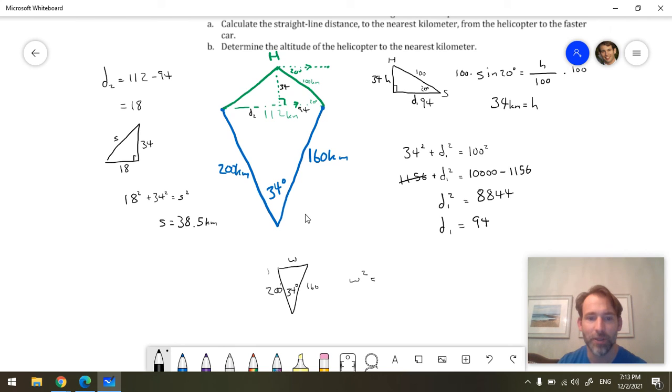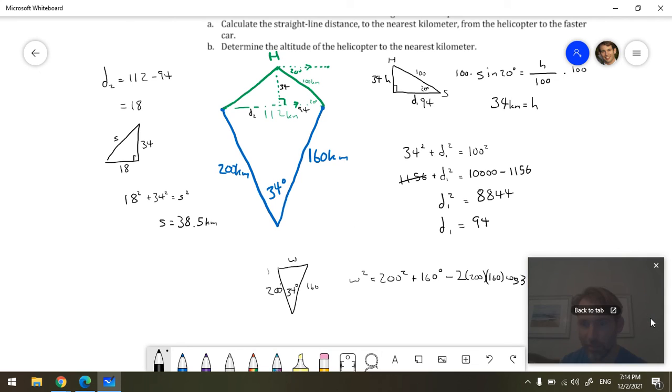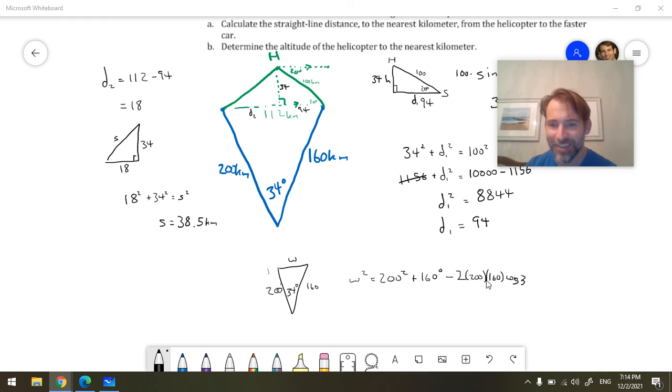W squared is equal to 200 squared plus 160 squared minus 2 times 200 times 160 times cosine of 34. I'm always in the way. Okay. And then when you work that out, it tells you that that's 112. All right. So that's your formula, and you just punch it.